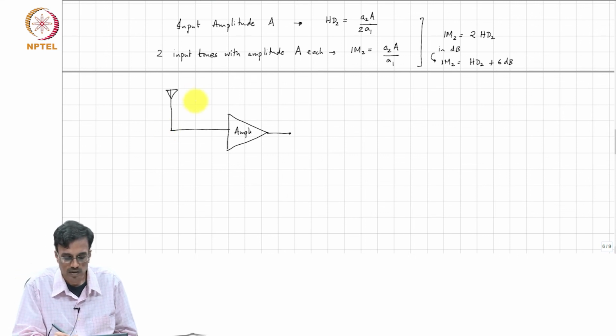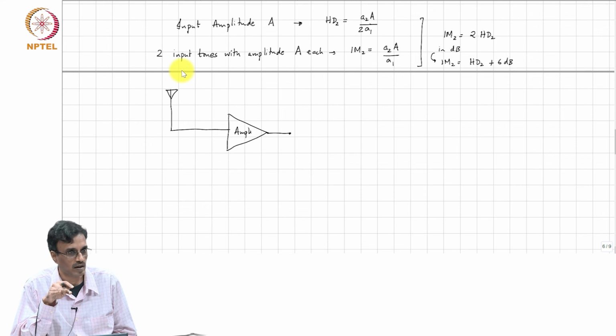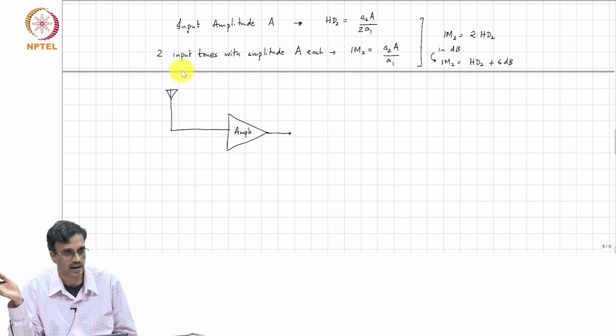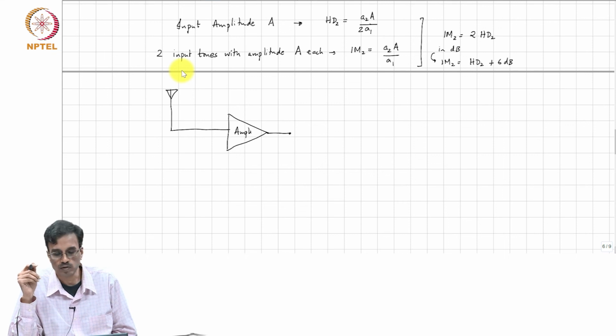If you have two very large tones outside the signal band, they can intermodulate to baseband, and that DC offset can potentially change the bias point or the operating point of the device in the amplifier. Of course, it is also entirely possible that if you put two large tones, the amplifier gets pushed out of its weakly nonlinear region and can get saturated. So large inputs can have all sorts of problems.